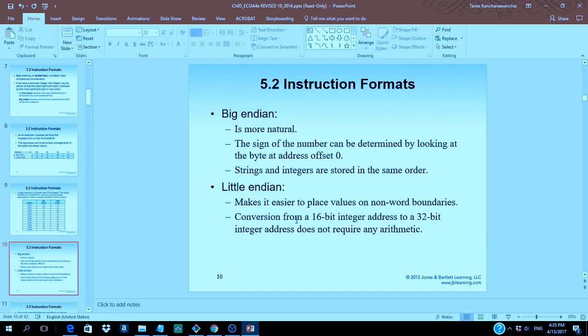All right, so conversion from a 16-bit integer address to a 32-bit integer address does not require any arithmetic. You can just extend it right away. But for big endian, you have to rewrite the whole thing, the index is going to change, right? From 2 bytes to 8 bytes, you have to shift them.